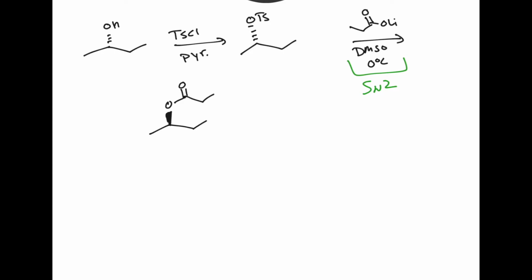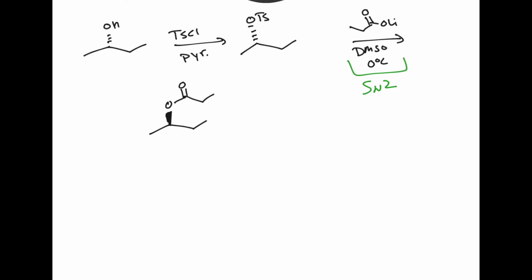So we're able to make these, isolate them, and then use them as electrophiles for any number of substitution reactions. We're not limited to always just turning our alcohol into a halide. If we make it a sulfonate ester, we can turn it into any number of other things.